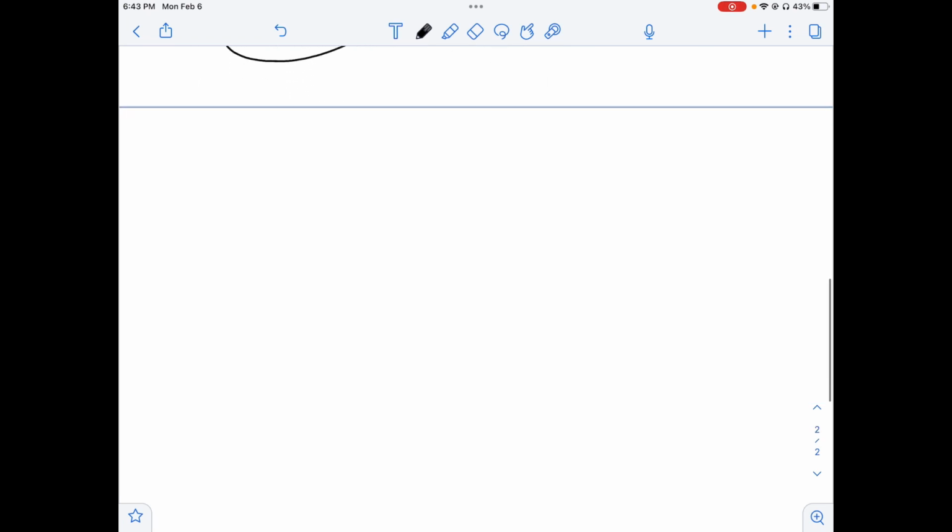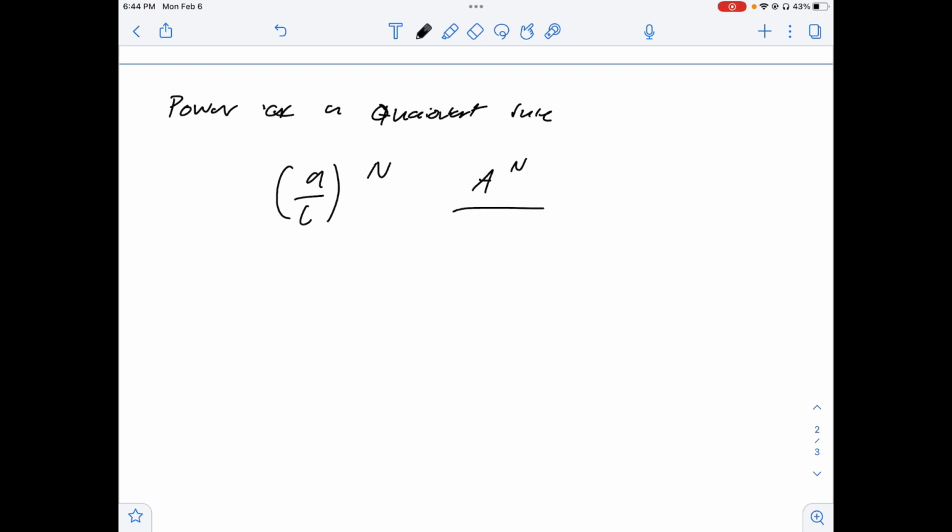My next rule is the power of a quotient rule, which states if n is a positive integer and a and c are real numbers, then a over c in parentheses to the power of n, you do a to the power of n over c to the power of n.